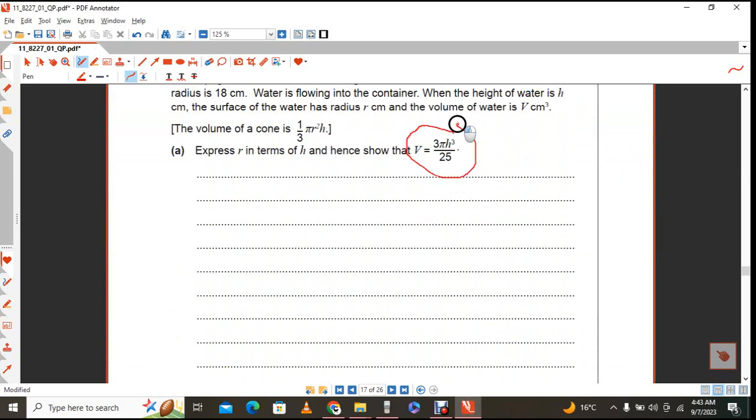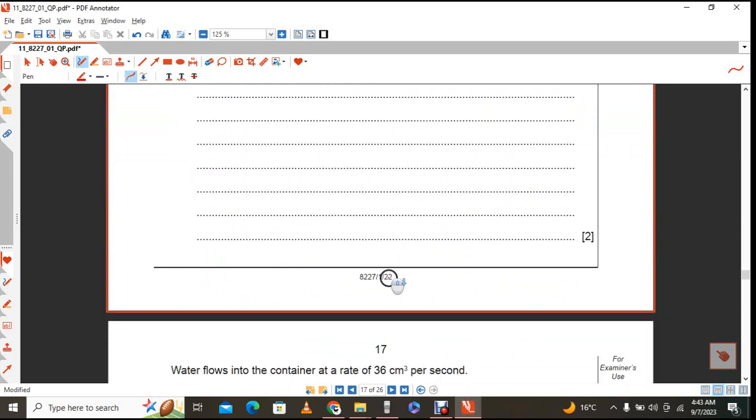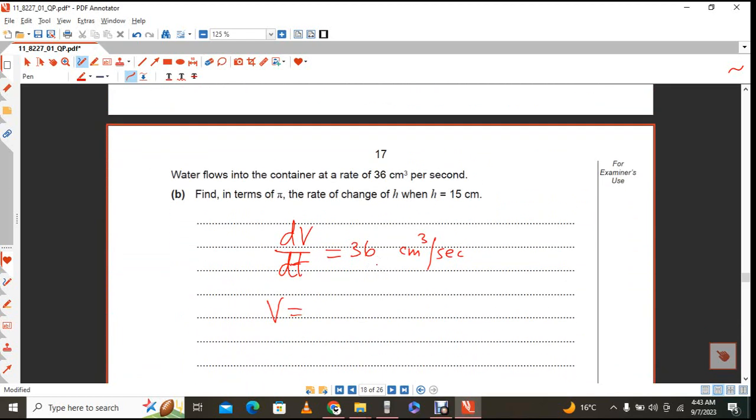But I'm talking about this one here, V equals 3 pi h cubed over 25. This is dV/dh, which will be 9 pi h squared over 25 if you differentiate that.